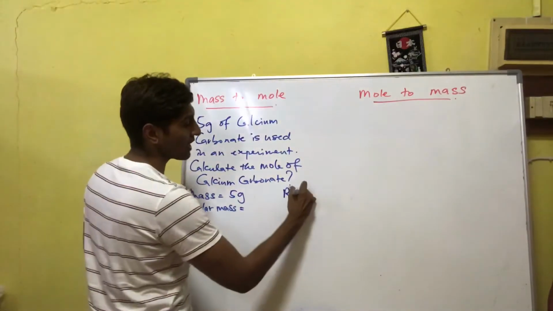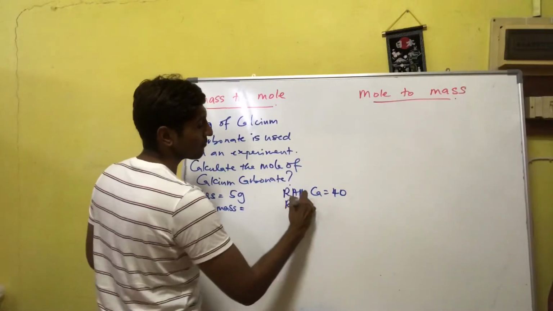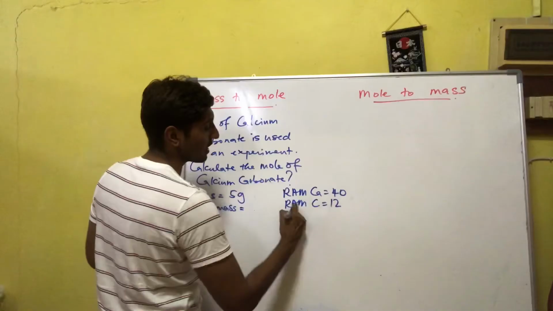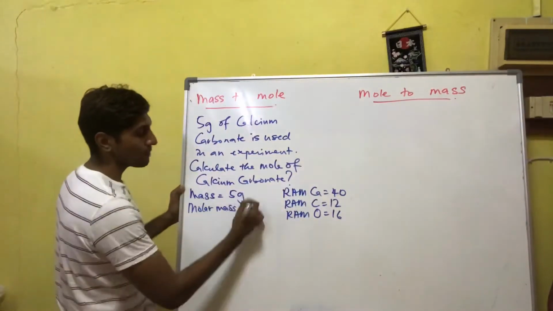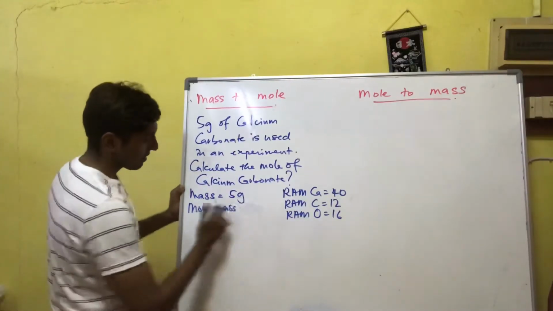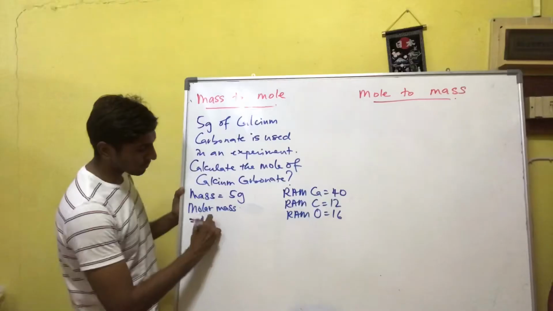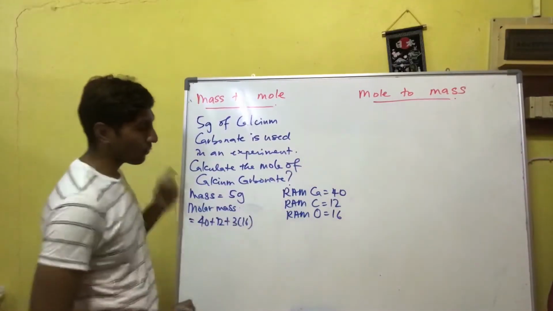So RAM for calcium is 40, RAM for carbon is 12, and RAM for oxygen is 16. So molar mass would be 40 plus 12 plus 3 times 16. Why?